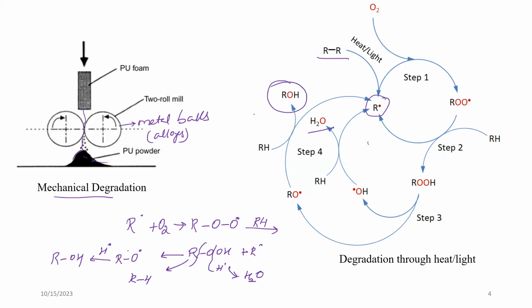Finally, you are ending with alcohols. What are the byproducts that you're observing? Water. It's not a harmful substance. That's how photooxidative degradation took precedence in recent years. A very convenient method to obtain alcohols from alkanes. As I said, degradation means there is a change in the chemical composition. Alkane you have, alcohols you got.